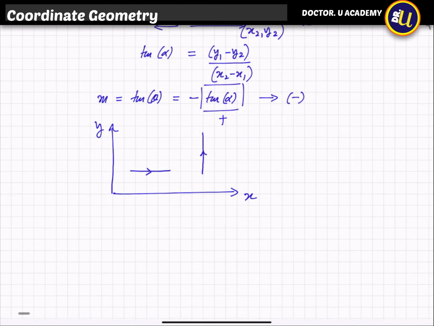We understand that the angle measured here is 0, because the angle is always measured from the positive x-axis, the positive x direction. Always we measure the gradient from the positive x direction. So it's 0 here. So for this, tan 0.